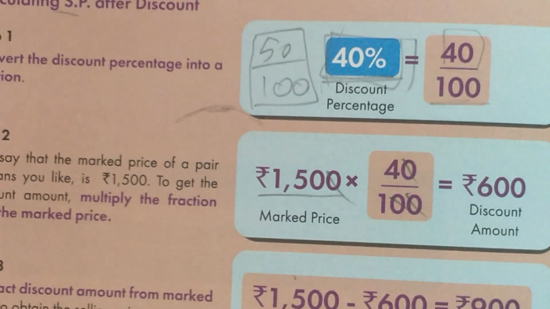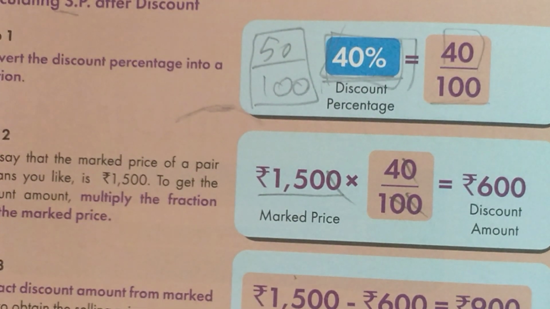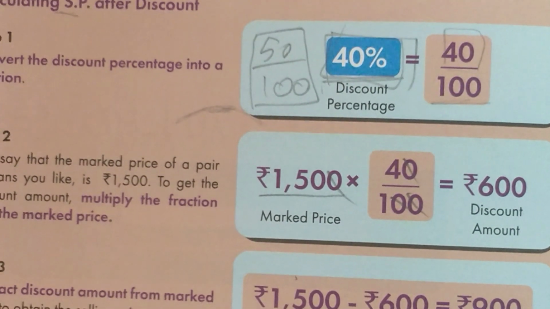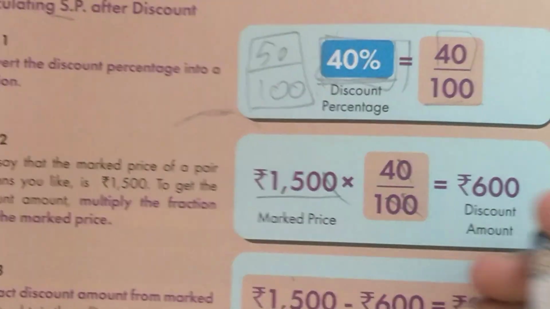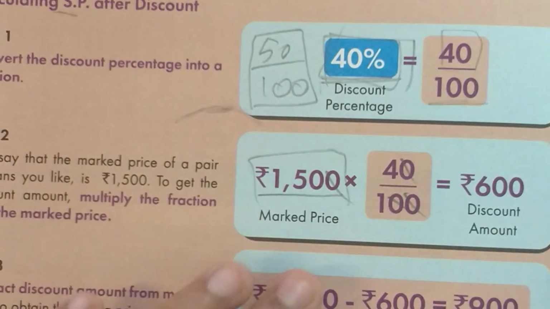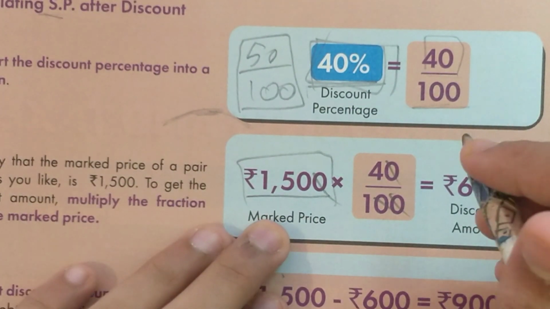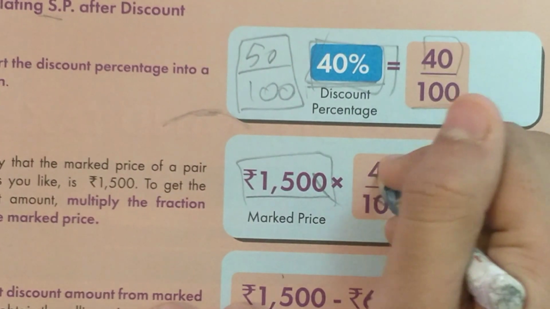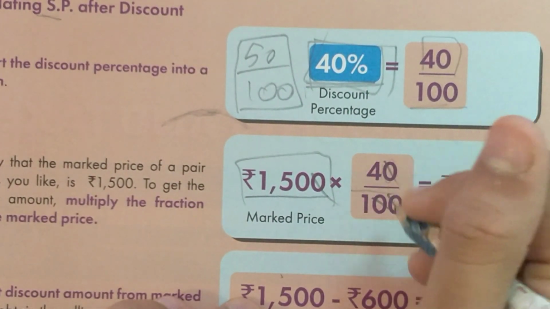Let's say that the market price of a pair of jeans you like and want to buy is 1,500, and there is a discount of 40%. To get the discount amount, you multiply the fraction with the market price. So the 40% is 40 by 100.